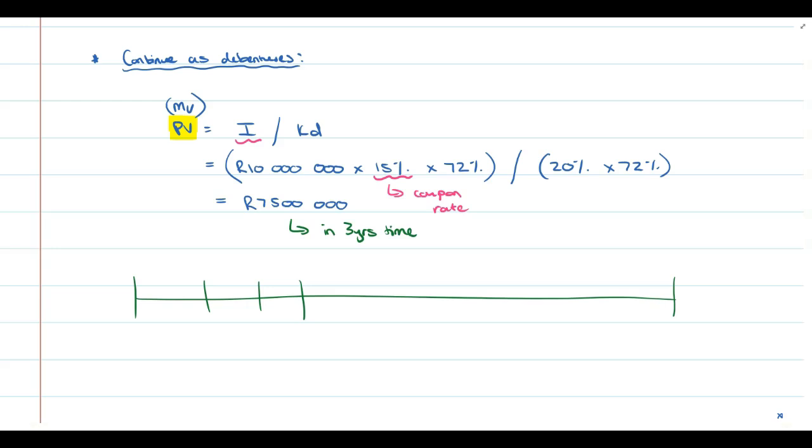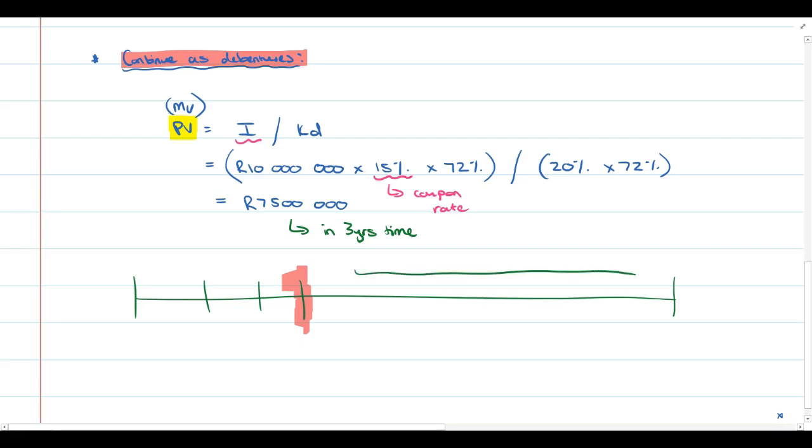So I want you to assume that we are sitting at this point in time. We are sitting 3 years from now. 3 years from now, they can either convert into 60,000 ordinary shares, or they can continue as debentures. If they continue as debentures, into perpetuity, the company will continue paying interest at a rate of 15%.